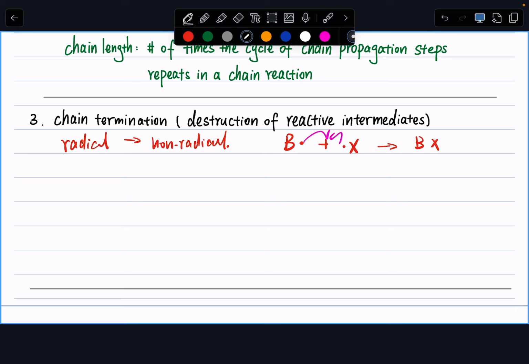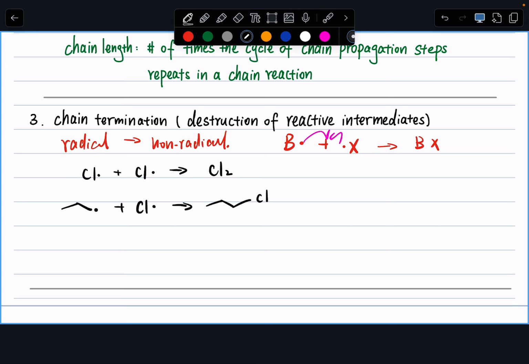Well, I'm just going to list some of them that come to my mind. You can have Cl dot and Cl dot come together to form Cl2. You can have, let's say, a carbon-centered radical and a Cl dot to form the haloalkane.